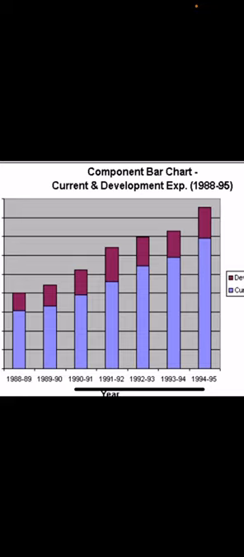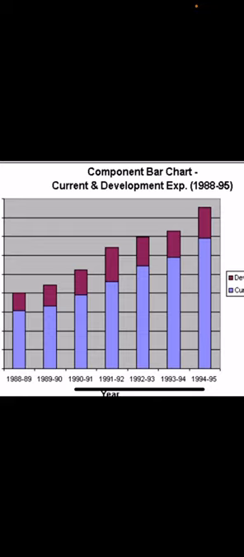Now we will see how to construct a component bar diagram. To construct it, first of all a bar is constructed on the x-axis with its height equivalent to the total value of the bar. For percentage data, the bar height is 100 units. Otherwise, the height is equivalent to the total value of the bar, and the proportionate heights of the components are worked out using the unitary method.